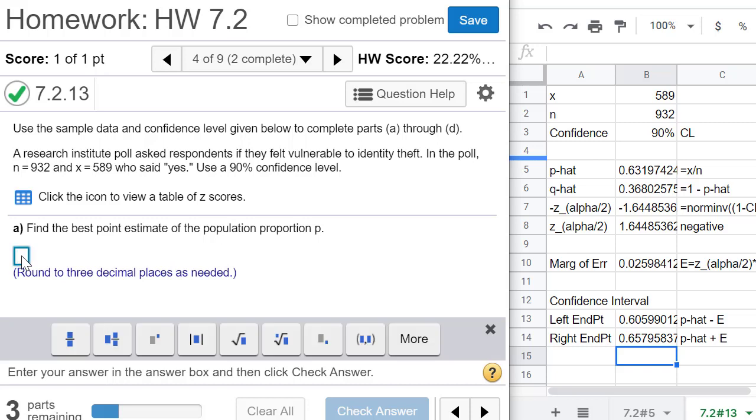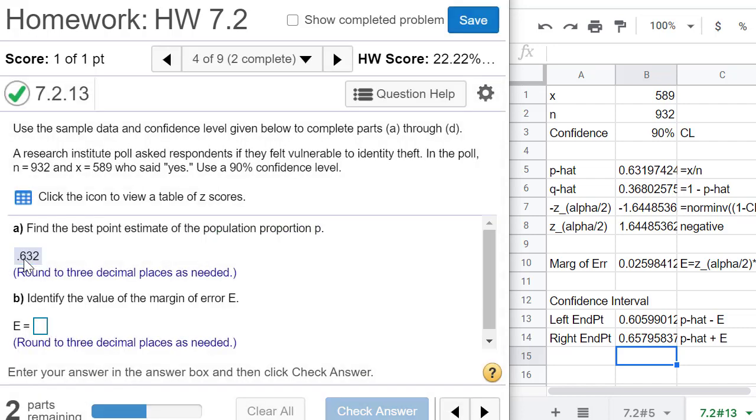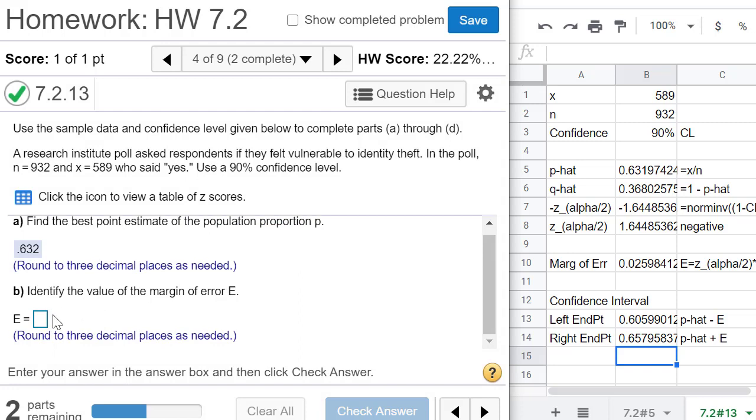Let's start with the first one. The best point estimate for the population proportion P is going to be the p hat value, x over n. We have that already at 0.6319, rounded off to 3 decimal places is 0.632. So we have our point estimate.